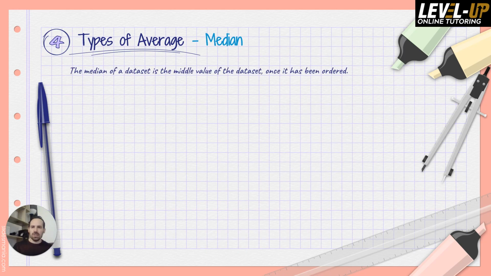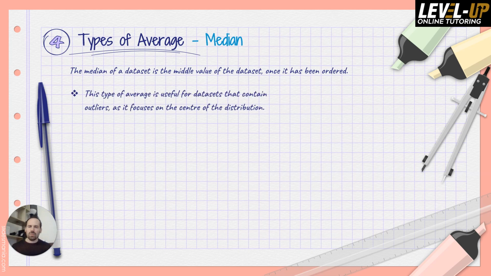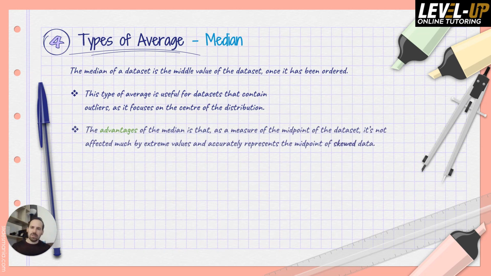So the median is essentially the middle value of the data set. This takes a little bit more work to calculate. Well, not really calculate, but to identify. It's useful for data sets that contain outliers because it only really focuses on the middle point of the distribution. So one odd outlier, a really extreme value, is not going to affect it much.